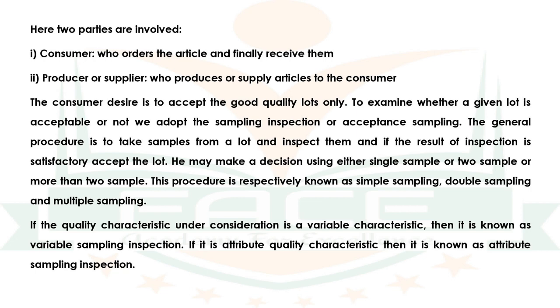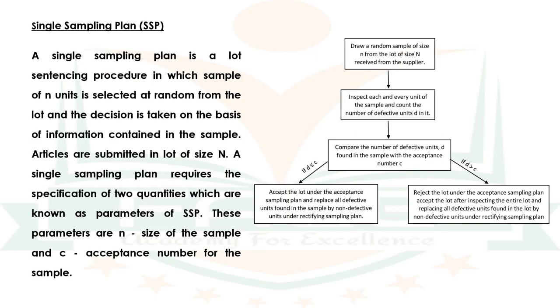Now let us discuss the single sampling plan and double sampling plan. A single sampling plan is a lot sentencing procedure in which a sample of n units is selected at random from the lot and the decision is taken on the basis of information contained in the sample.